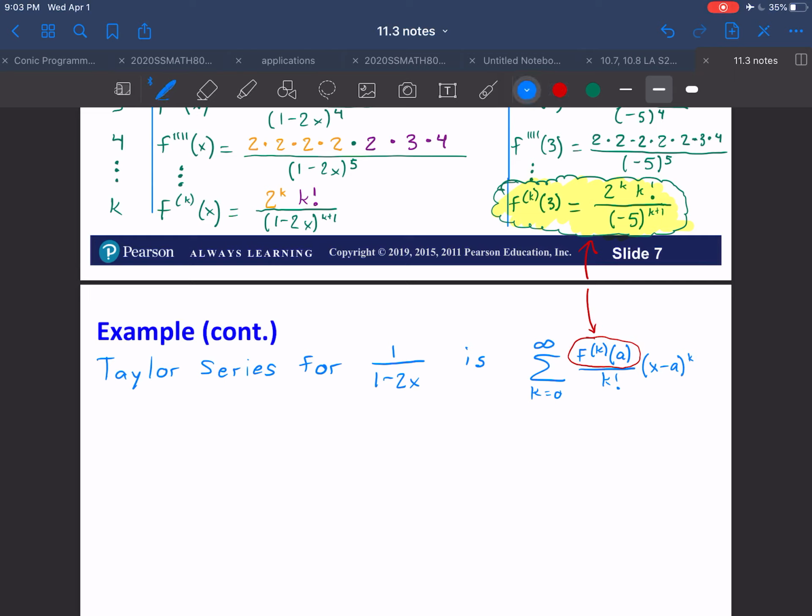And so we can then write that this is the sum from k equals 0 to infinity. We're just going to write now this thing. So we have 2 to the k times k factorial divided by negative 5 to the k plus 1, divided by k factorial times x minus a, in this case was 3, so (x minus 3) to the k power.